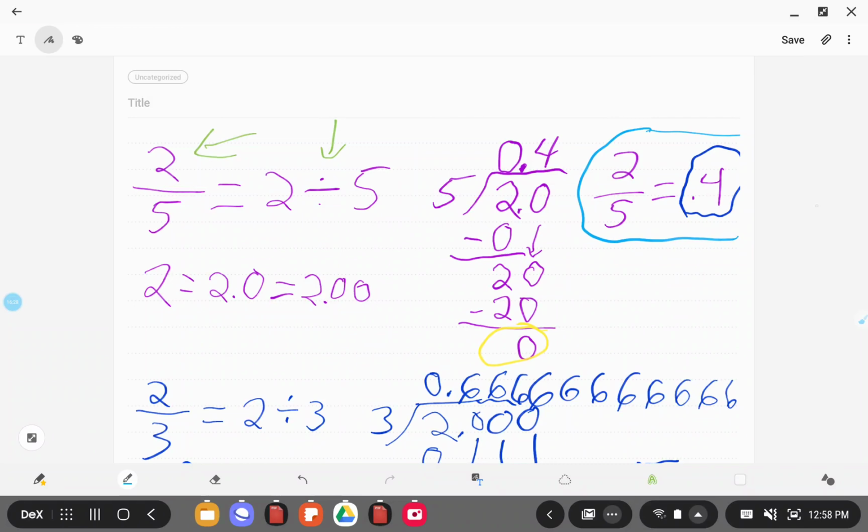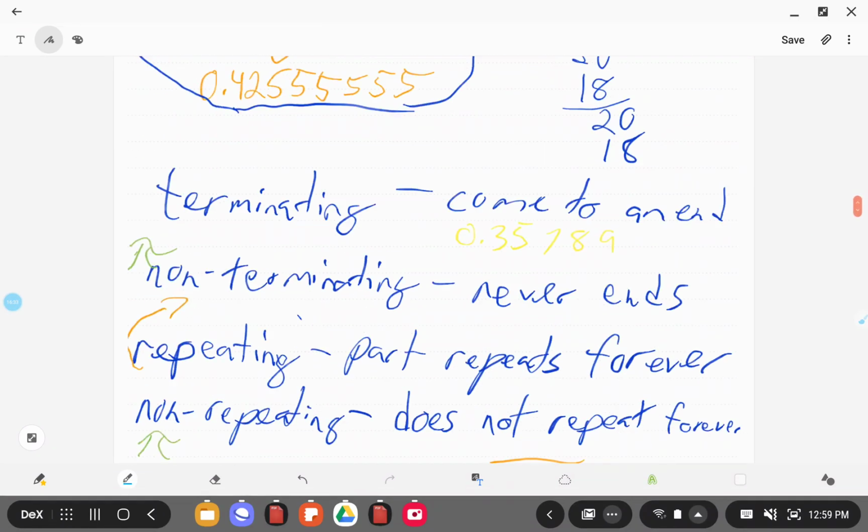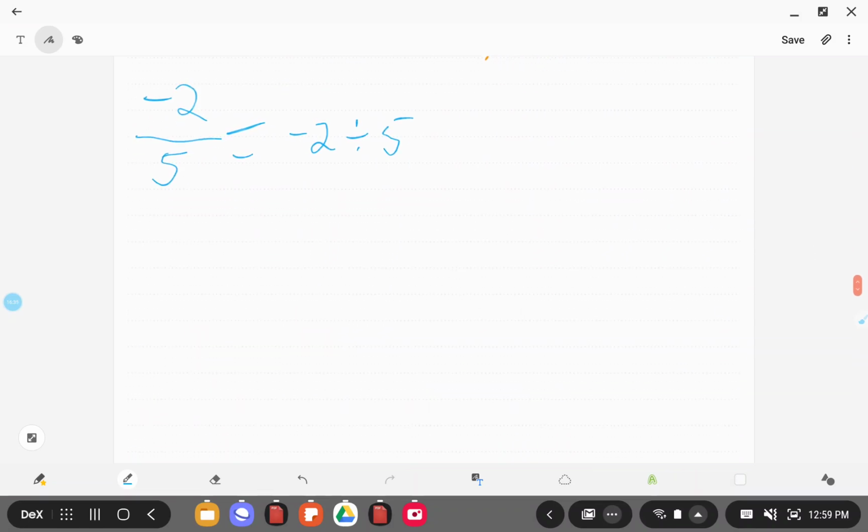Now remember our division rules. This is going back to the previous lesson. Our division rules tell us that if you have a negative divided by a positive, it's always going to be a negative. So negative 2 divided by 5 gives us the same answer as before, negative 0.4.